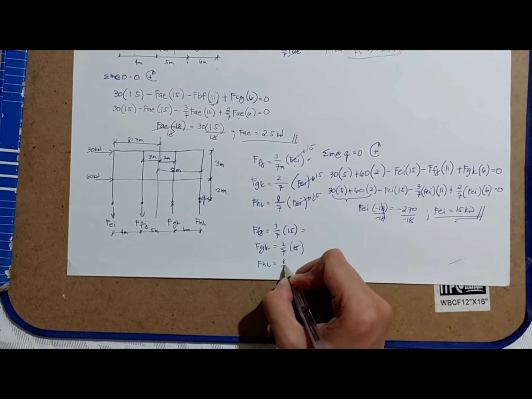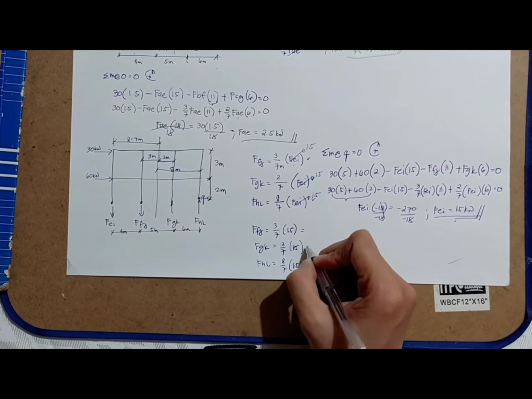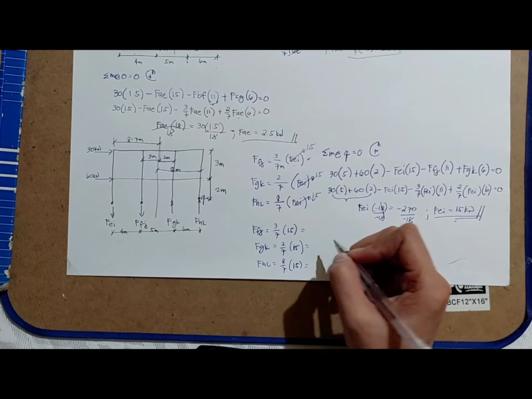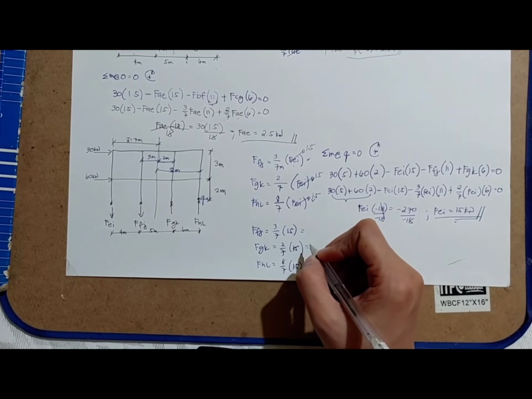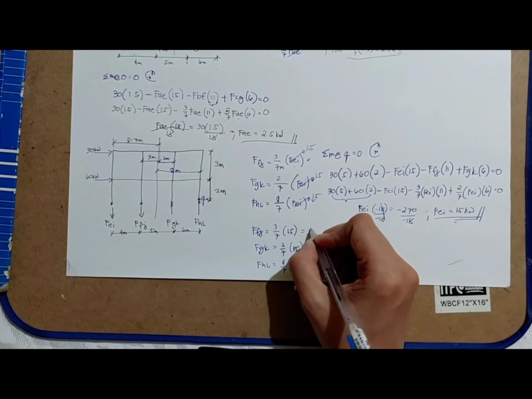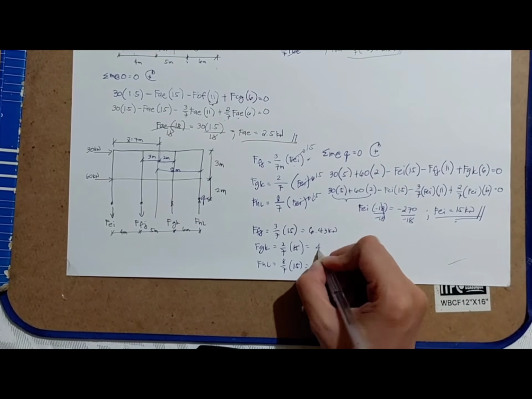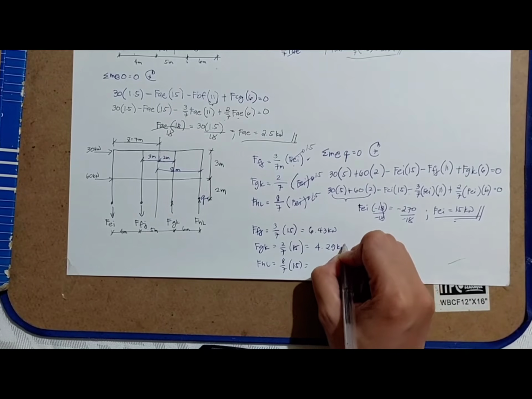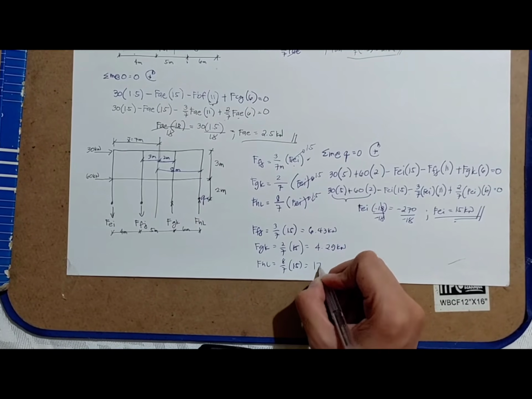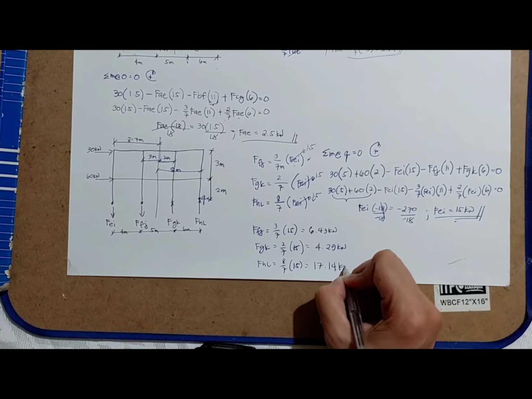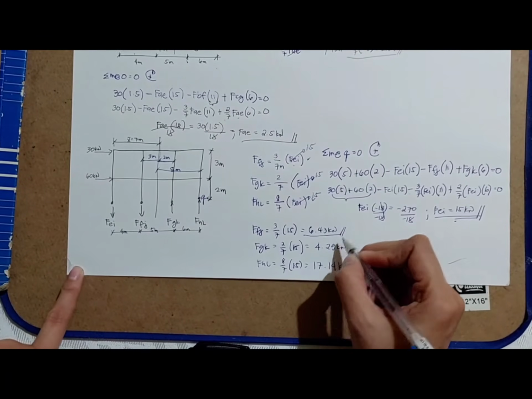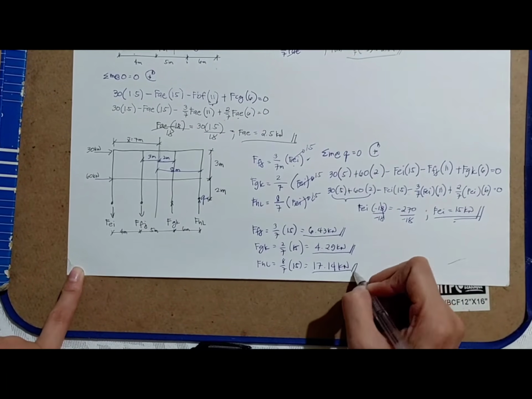FHL, 8 all over 7 multiplied by 15. So, ilan yan? Okay, so this is 6.43 kilonewton. This is 4.29 kilonewton. And last is 17.14 kilonewton. So, these are the values of your axial load.